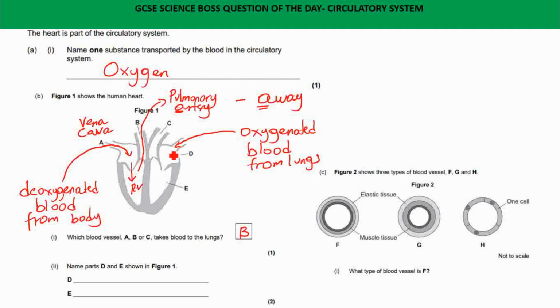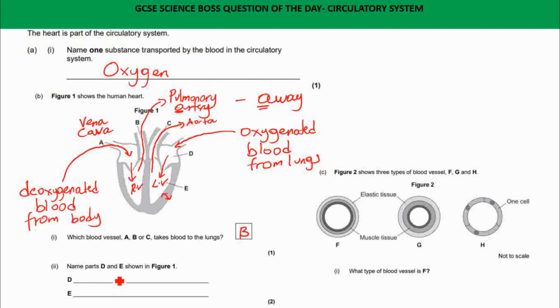That's now going to return to the left atrium. It's now going to travel down to the left ventricle. Have a look at the walls of the left ventricle. Notice that it's thicker, and then the blood is going to be pumped out here through C. Therefore, C is going to be your aorta. That was the mistake that was made yesterday.